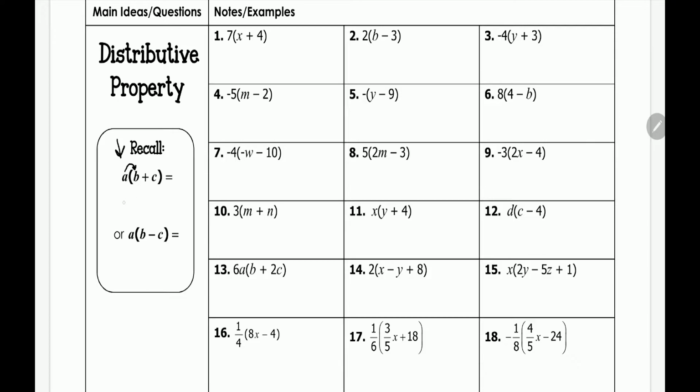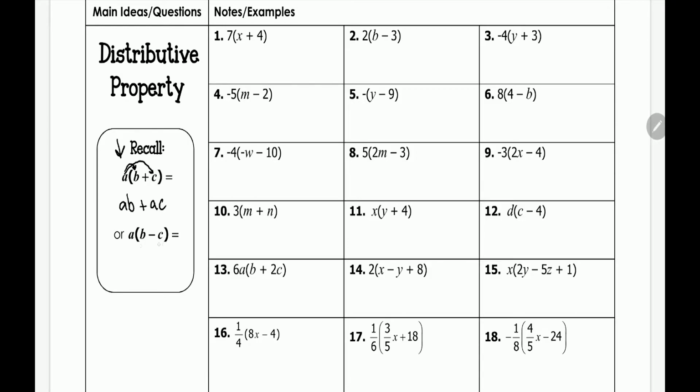So we take A times B, which is AB, then whatever the sign is on the inside, in this case a plus, and then we multiply A by C. So we have AB plus AC, if we have B plus C.